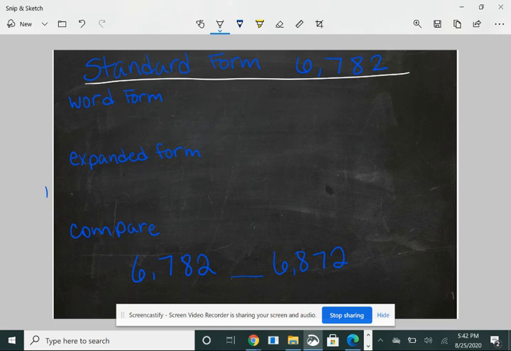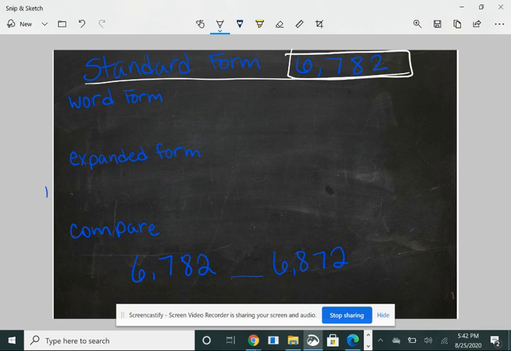Here, my number of the day is right here, written in standard form, written in digits. Digits put together form a number. Okay, so the first thing I'm going to do is I'm going to write it in word form, and you guys know that word form is basically the way you would say the number and then you write it down.